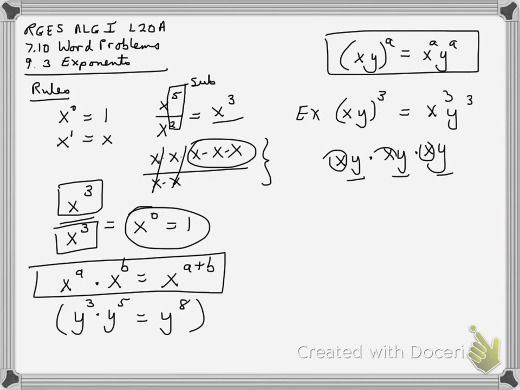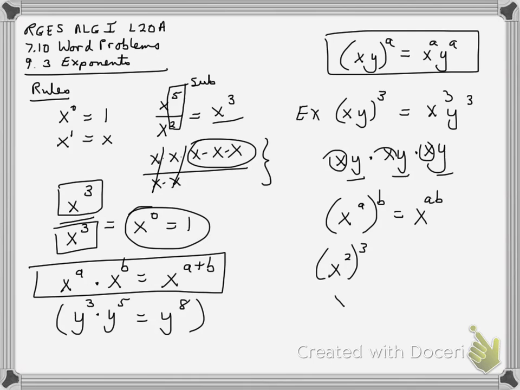And so this is the example of why that's so. And finally, the 3rd rule here would be x to the a to the b power, and that would be the same as x to the a times b power. What would an example of that look like? Let's say I had x squared to the 3rd power.